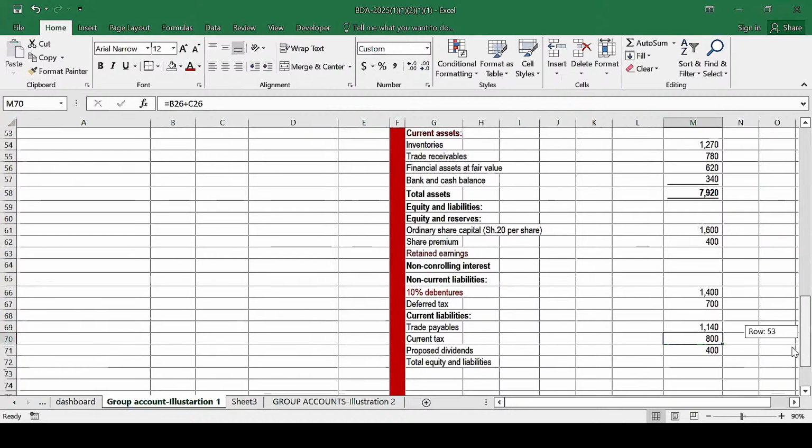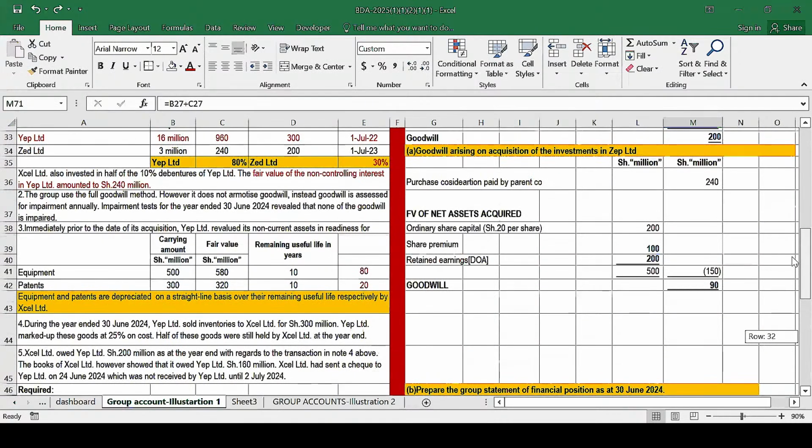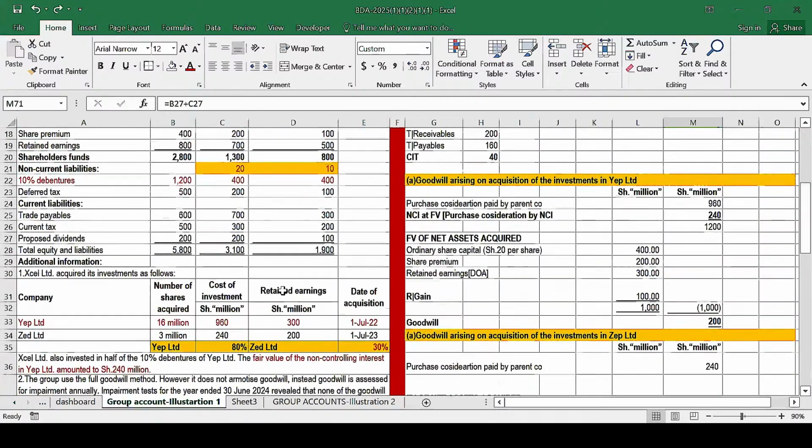Any adjustment for tax? No adjustment for tax. Then we have these dividends. Will this dividend be having some adjustments? Yes, because what is picked there is the proposed dividends.